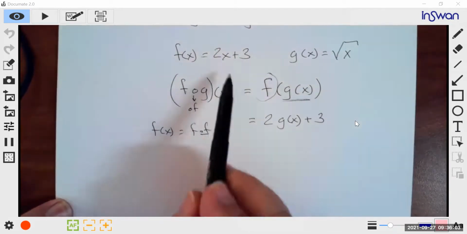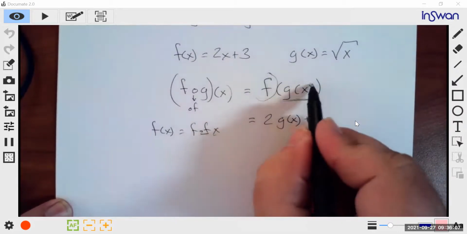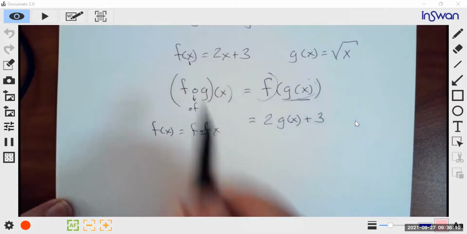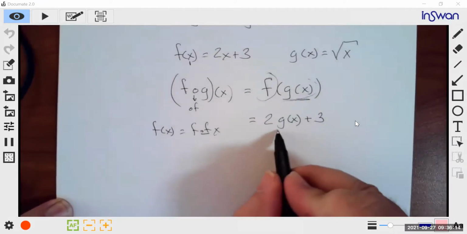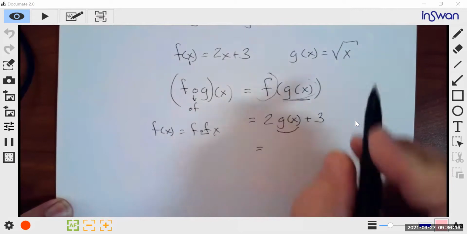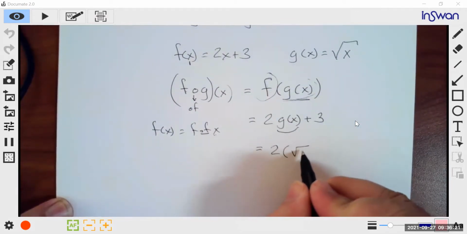This is our f function. Anywhere we see an x, because it's inside the parentheses, whatever is inside the parentheses takes the place of x. What is g of x? g of x is square root of x.